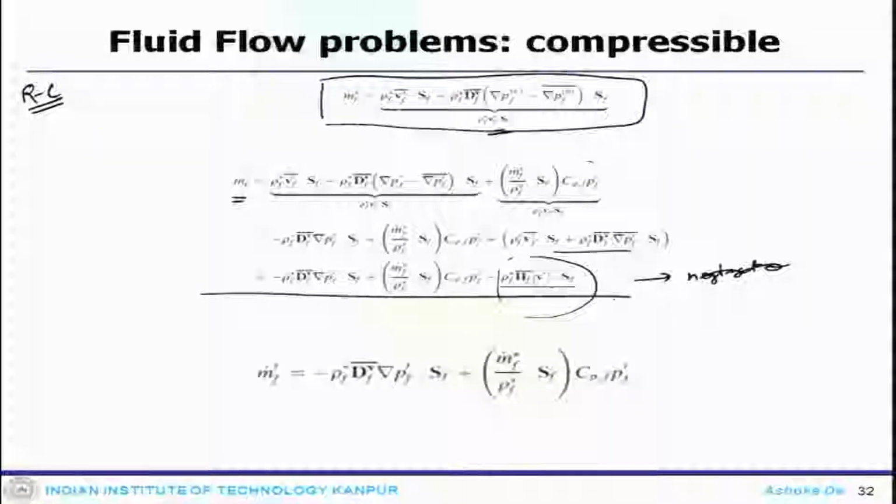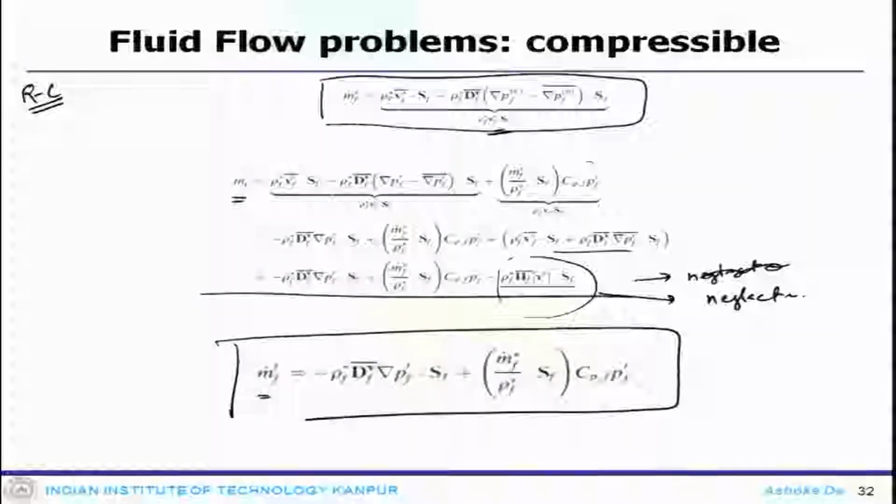So typically this one is also dropped or neglected, and if you neglect this term, the correction to the mass flux, m dot f prime, becomes rho f star dot s f and this much. Now your corrected mass flux looks like that.